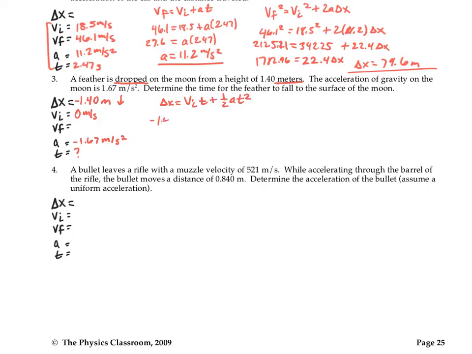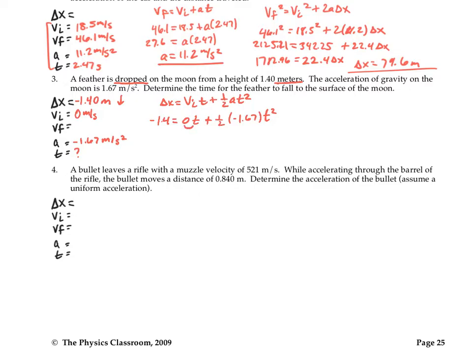My displacement is negative 1.4. Initial velocity is 0. Acceleration is negative 1.67. And I don't know time. So you may immediately think, well, I've got two different times here, one squared, one's not. This is going to be an issue. It would be if the initial velocity wasn't 0.